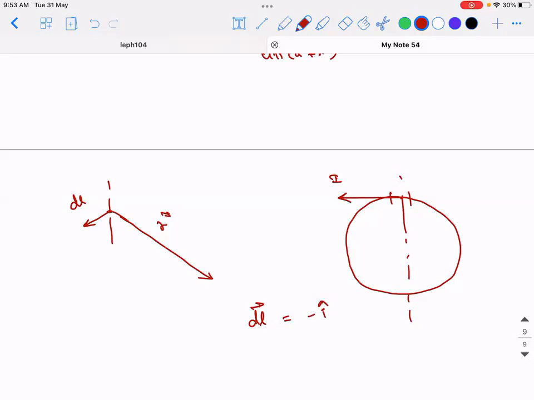Correct? Accepted. Why it is minus I cap? Okay. If that is the scenario, then what is the direction of R vector? R vector is somewhere over here. It is towards you. Okay. From here, what will be the direction of R vector? Had it been straight, you would have called it as Z-axis. But here it is not straight. It is inclined. So what will be the direction of it?